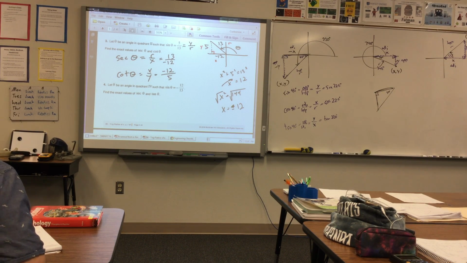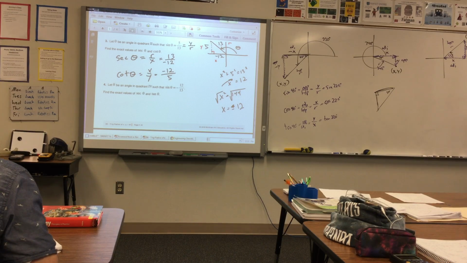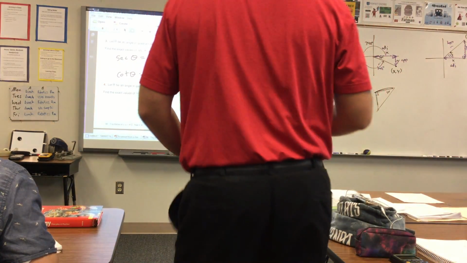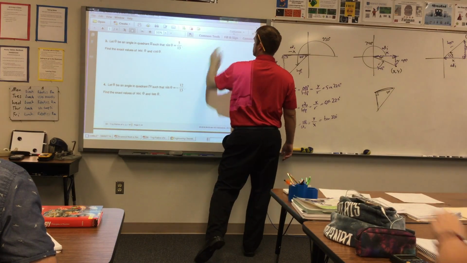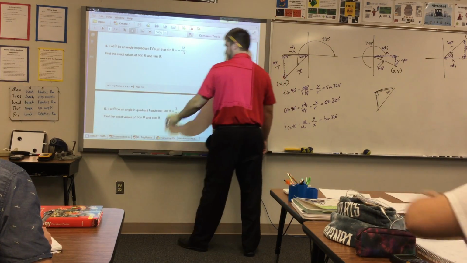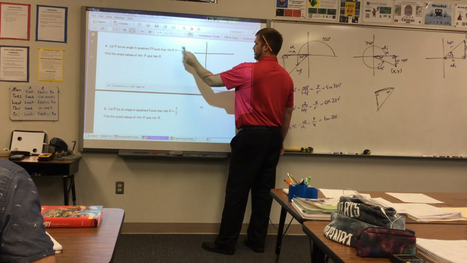Negative 12. Diagram here. Make sure you have that 12 is negative. That's negative. I know it's negative because it's going down. You don't need to see the triangle.